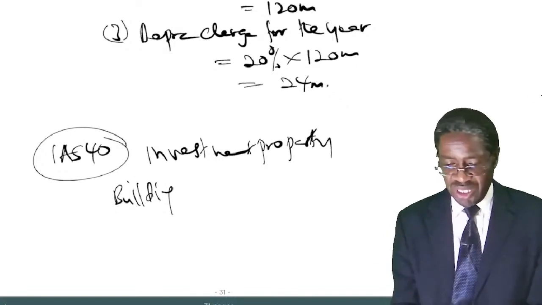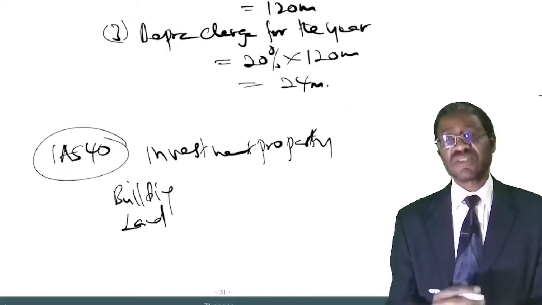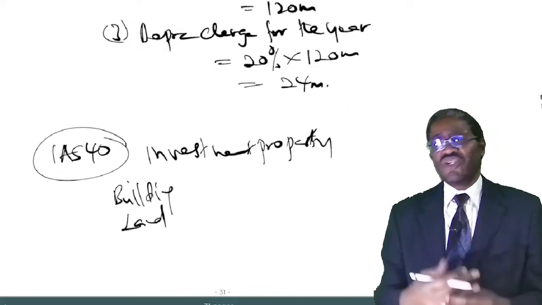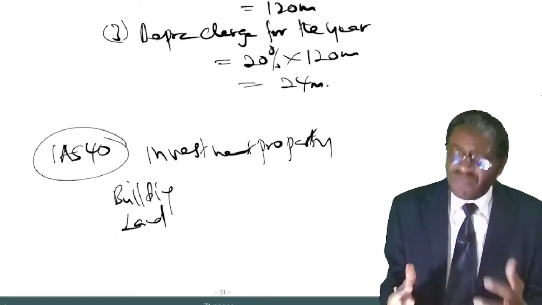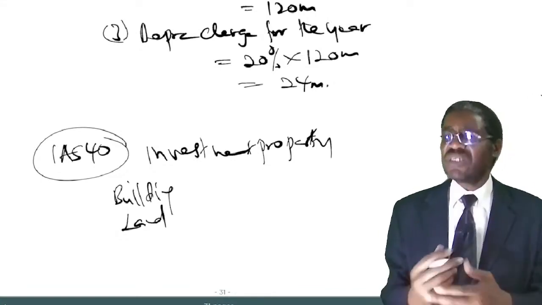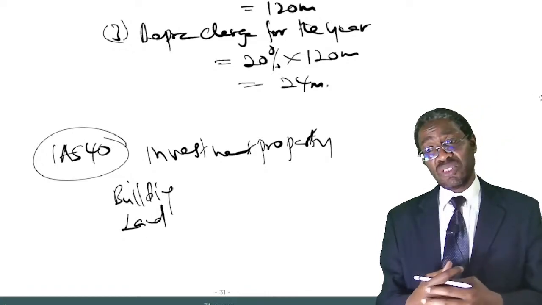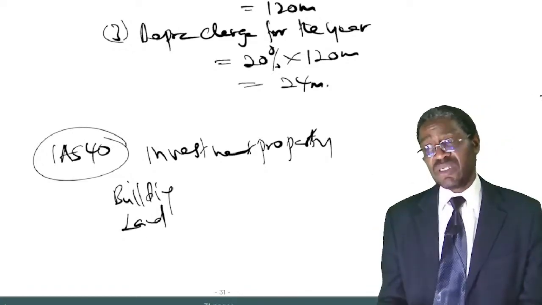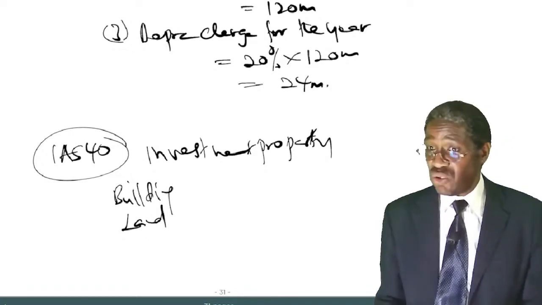It could be you bought this building or you bought land, and you are hoping that its value will increase. And then when you sell, you will have a capital gain.